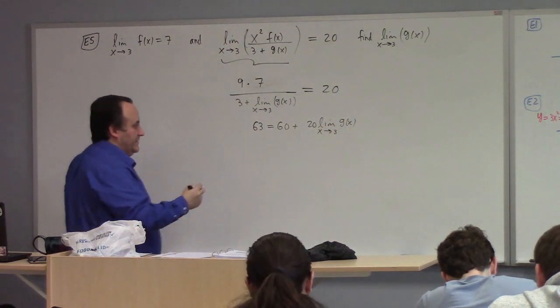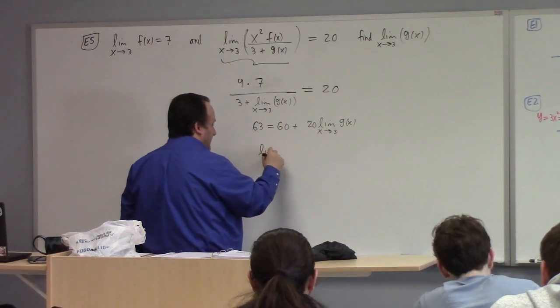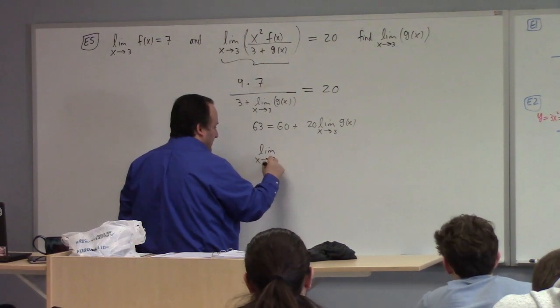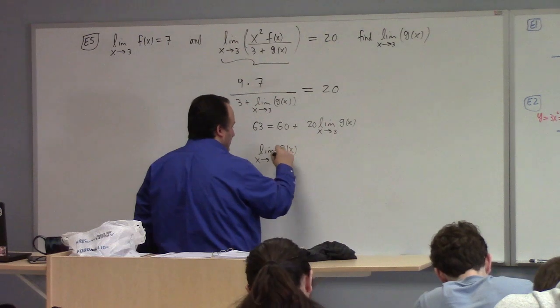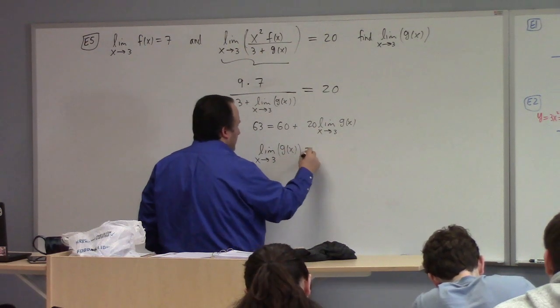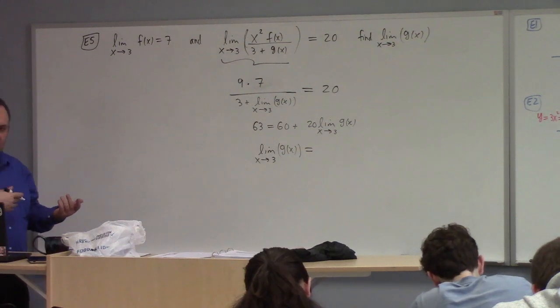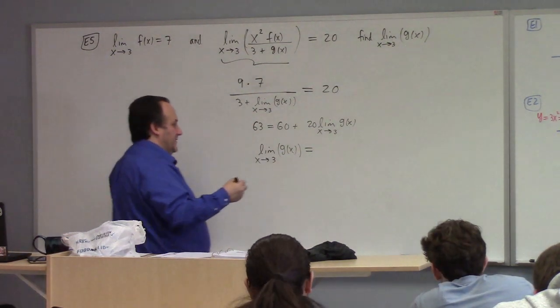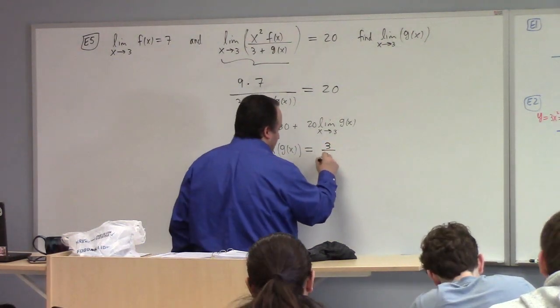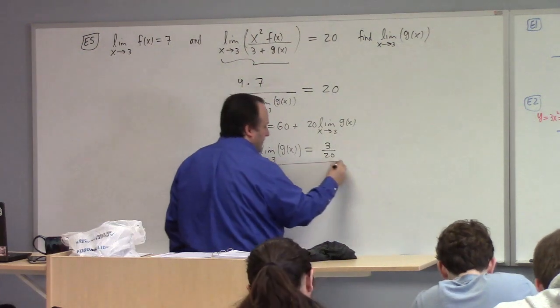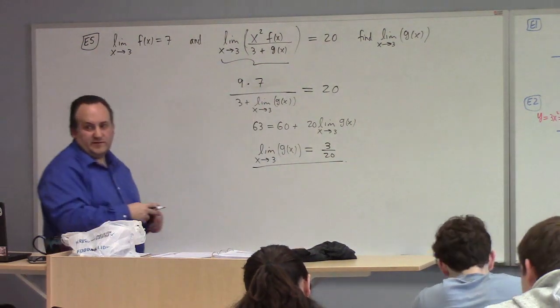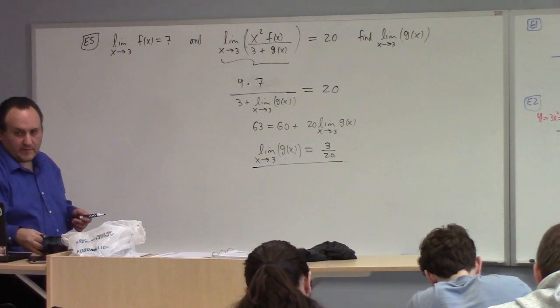And so apparently, for my made-up example here, we would derive limit as x goes to 3 of g of x is equal to 63 minus 60 is 3, then divide by 20. I get 3/20ths for mine here. What happens in that homework problem? I have no idea, but it should be similar conceptually.